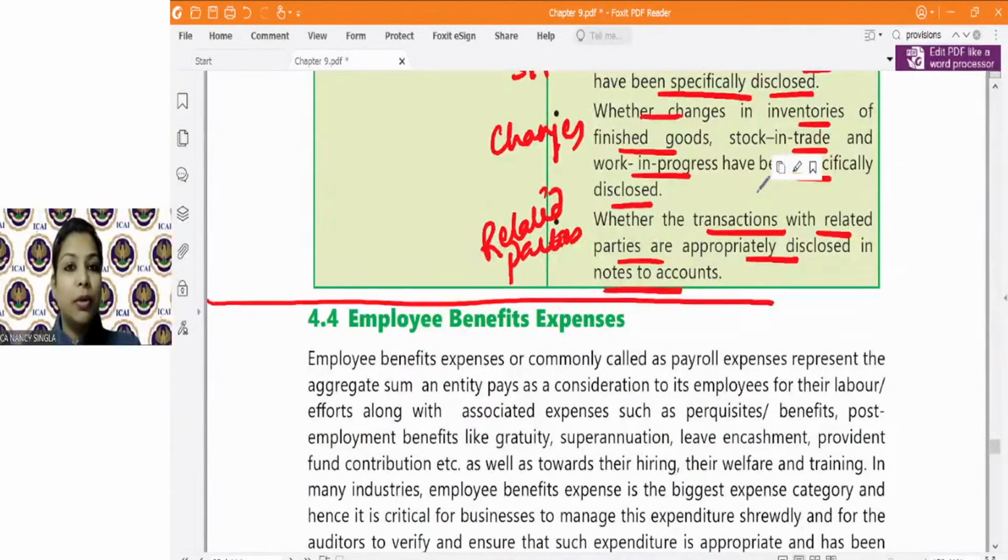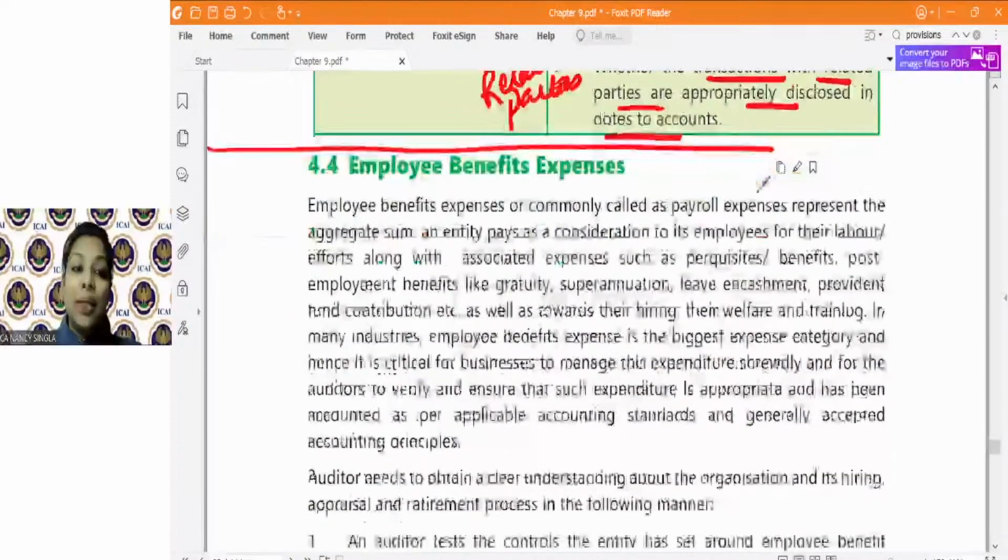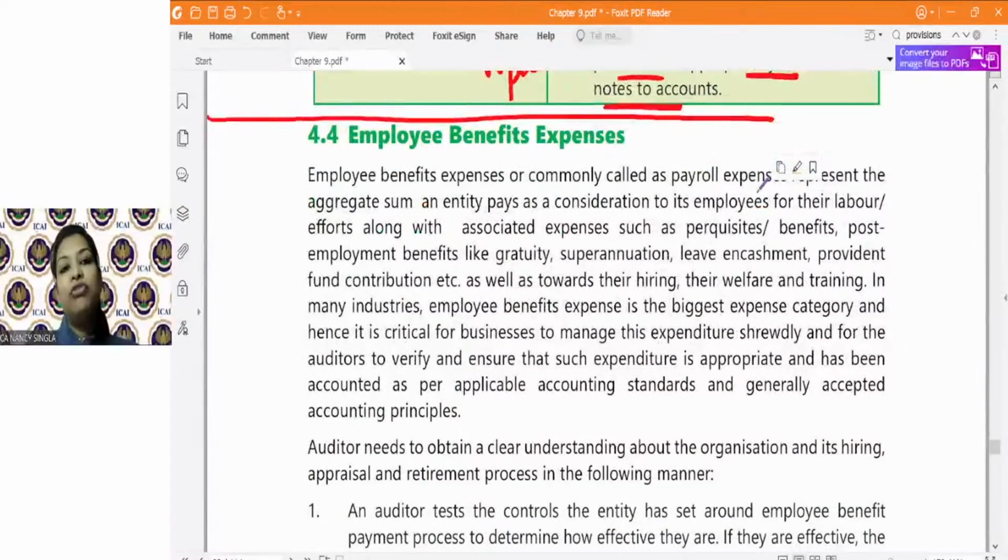Before coming for the next session, please do the following homework. Point number 1, you need to go through the module in entirety till page number 9.92, where we have covered. If you have any doubt, you can always ask me in the next session. Please go through point 4.4, employee benefit expense. Like we have considered it for purchases or other income, with respect to the P&L item, just try to visualize yourself in a situation where you are considering employee benefit expense.